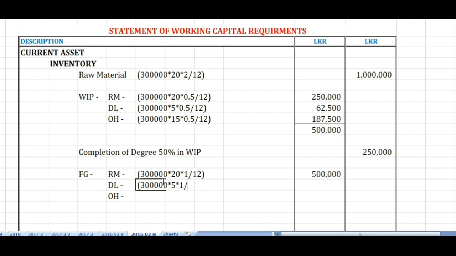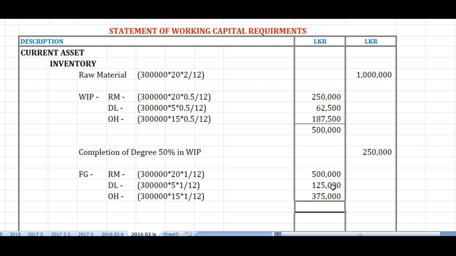And direct labor, 300,000 activity level into 5 rupees into 1 month, 125,000. 300,000 activity level into 15 rupees per cost of overhead per cost of production into 1 month, 375,000 overhead in the finished goods.